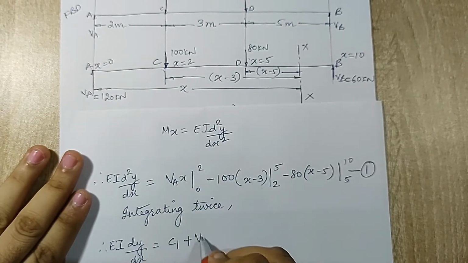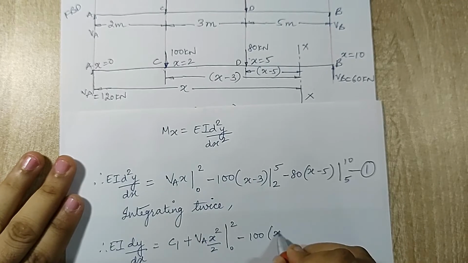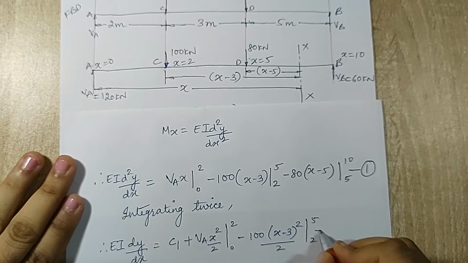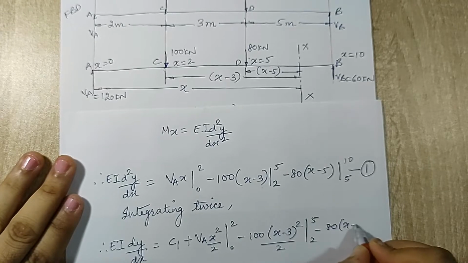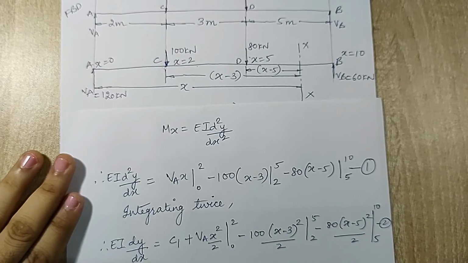So the next term becomes VA into x squared by 2 from 0 to 2. Then I have minus 100 into x minus 3 square by 2 from 2 to 5, and this will be 80 into x minus 5 square by 2 from 5 to 10. This is my equation number 2.